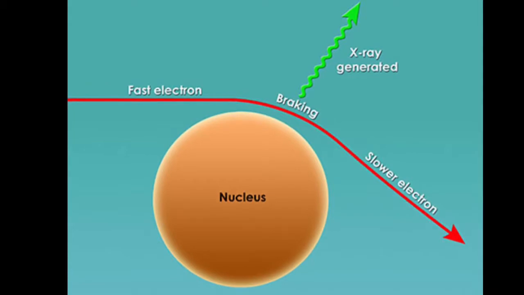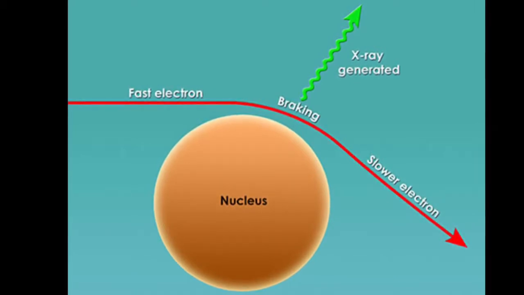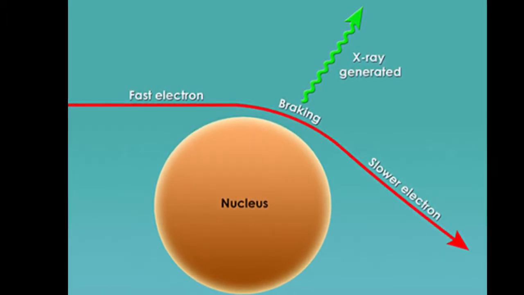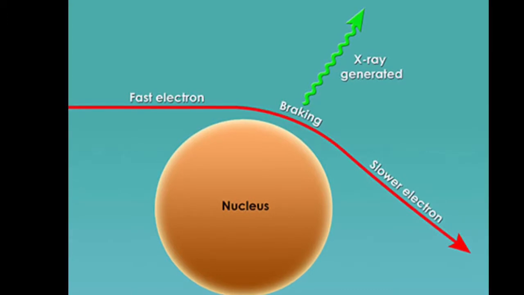Approximately 80% of the population of X-rays within the X-ray beam consists of X-rays generated in this way. You can see in the picture how the electron coming from the left side, from the cathode end, hits the nucleus, and parts of it continue on the circuit, while other parts turn into X-rays generated into photons.